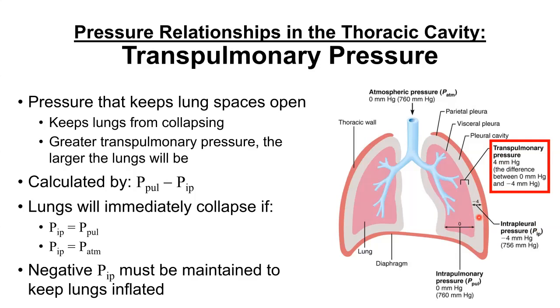Because this partial vacuum, if you will, exists in this layer, it kind of sucks on the lungs and keeps them partially inflated. So let's think about this for a second. Let me just draw a quick example. I don't know if I can draw this super well, but I'll try.